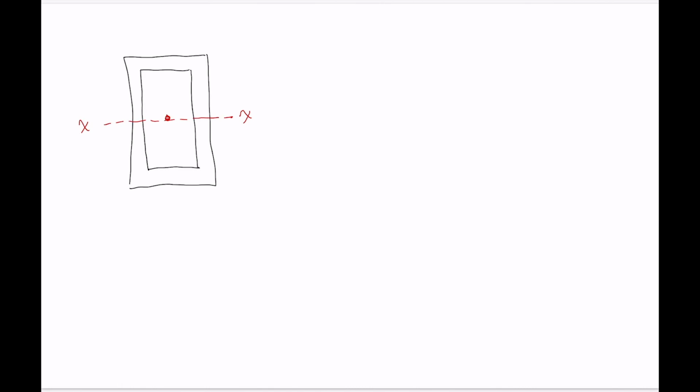And if we wanted to calculate I_XX, all we do is calculate this as a superposition problem, where we take the moment of inertia of the whole outside of the cross section and then subtract the moment of inertia of the missing material.